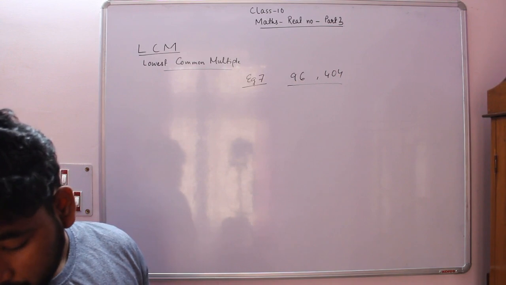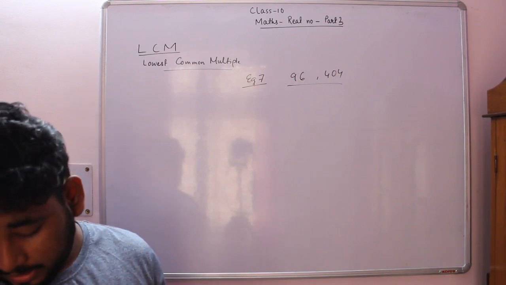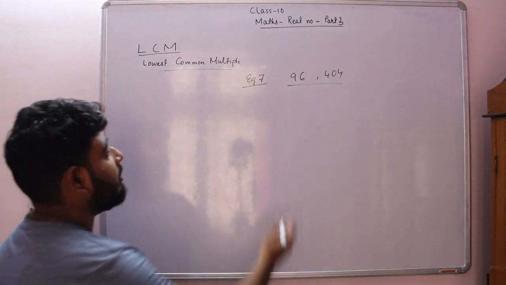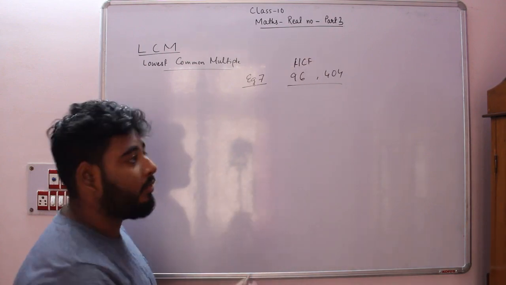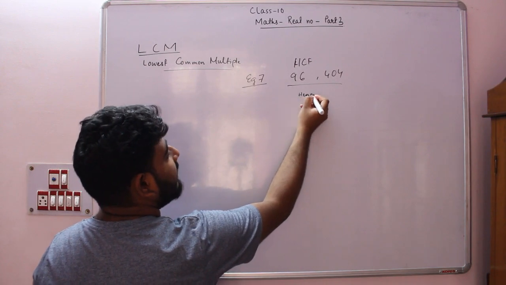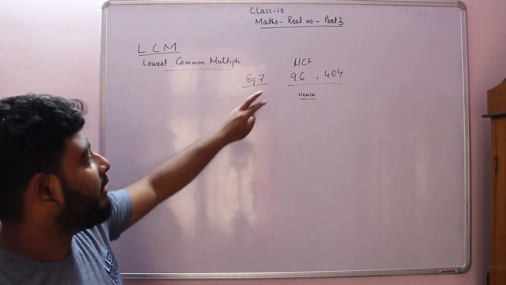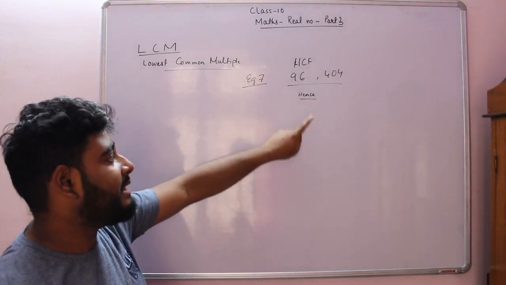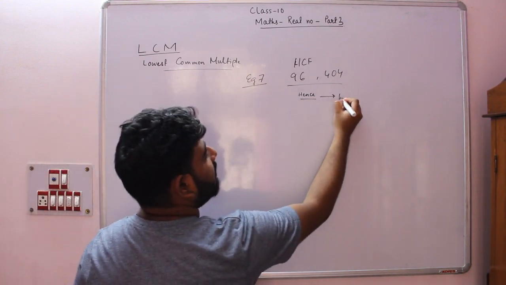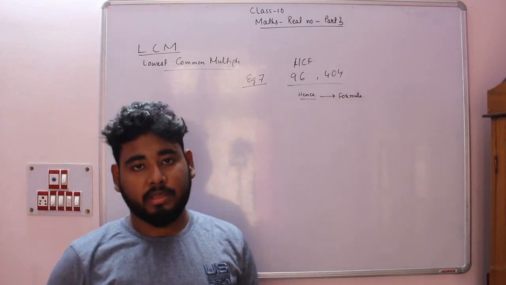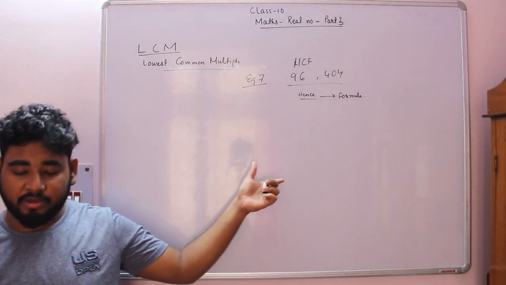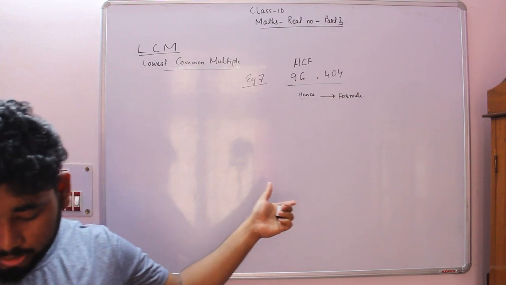And they have asked, hence find their LCM. When they use the word hence, it means we have to find the HCF first, and the LCM we find by using the formula I just gave: LCM into HCF equals the product of the two numbers. Two numbers are given to you, so you can do that as homework.